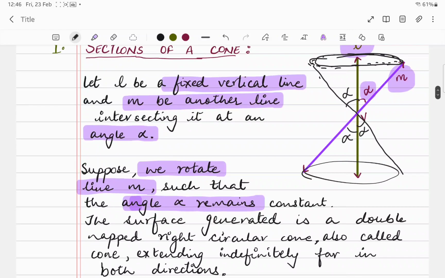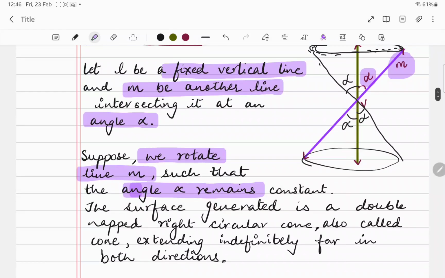When we rotate it that way, we get a double napped right circular cone. Usually it is just called a cone, but it's double napped because it has two pieces, and each of those pieces is called a nappe.